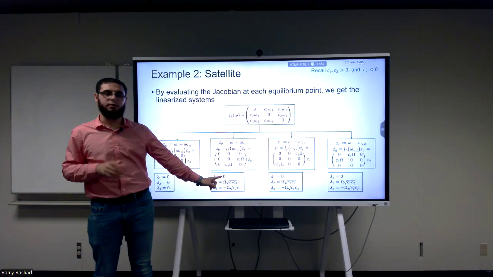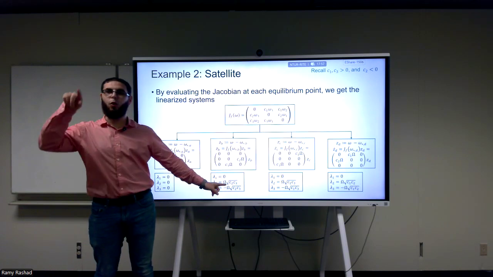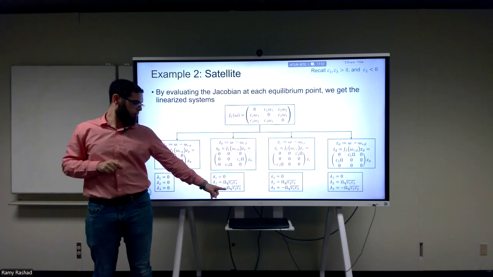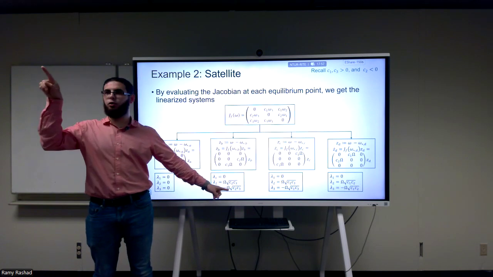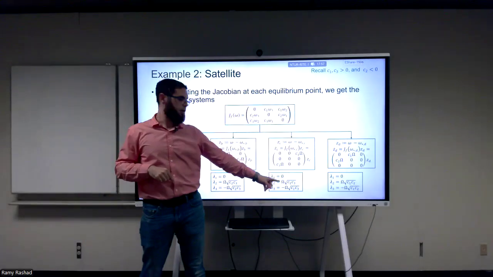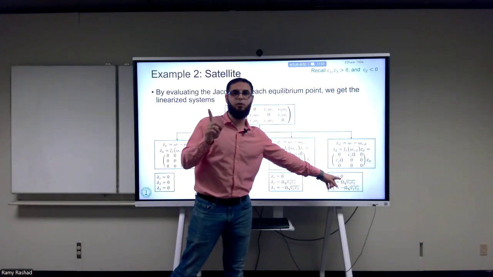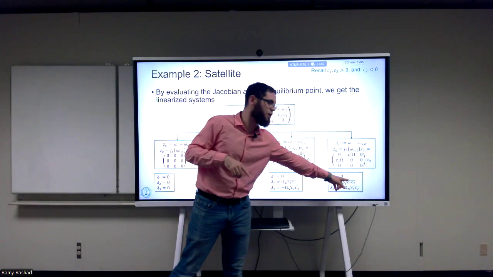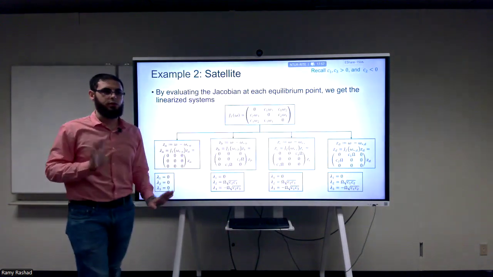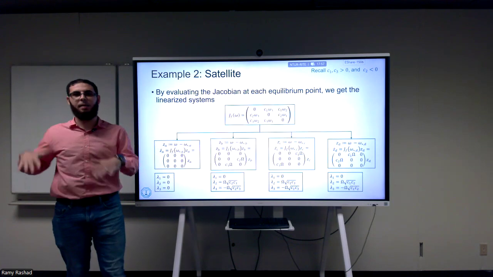It has 1 zero eigenvalue, and 2 of them that have the square root of C2 and C3. This one, again, one of them is 0, and we have the square root of C1 and C3. This one, one of them is 0, and we have the square root of C1 and C2. So this is what blindly following the method tells us.